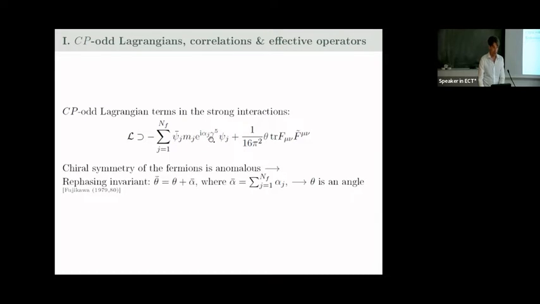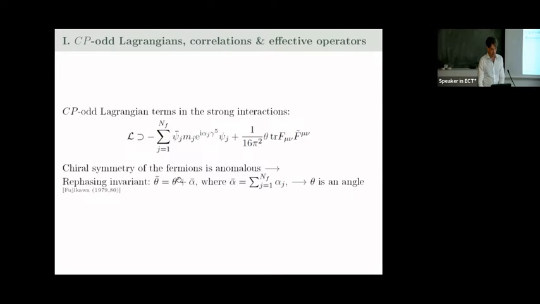Of course, just having a CP odd term in the Lagrangian does not really lead to the conclusion that there are CP violating observables. One necessary condition for having a CP violating observable is that there's a rephasing invariant. And indeed, there is a rephasing invariant, which is famously theta bar. I go to this on the next slide.